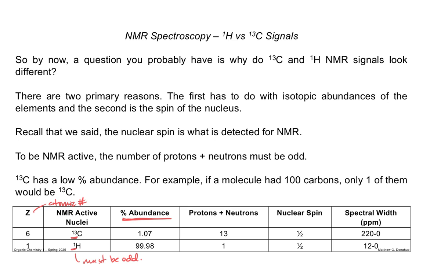That implies there's this spin. Then you have these spin states, so up or down. Hydrogen is essentially 100% abundant. Carbon is only 1.1.